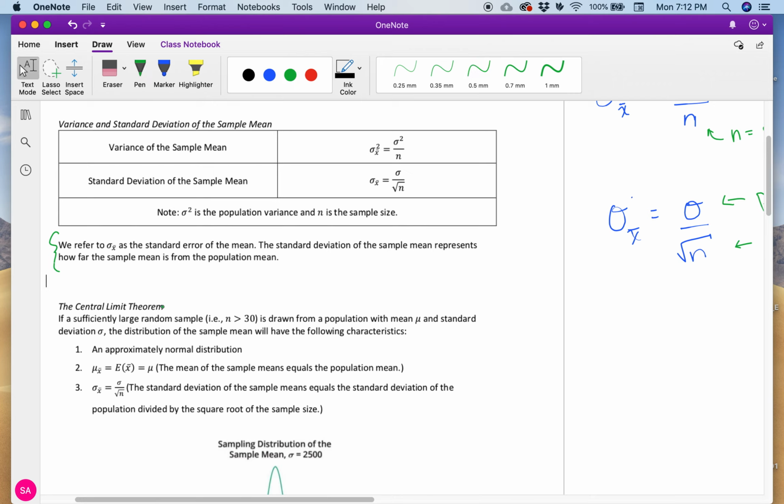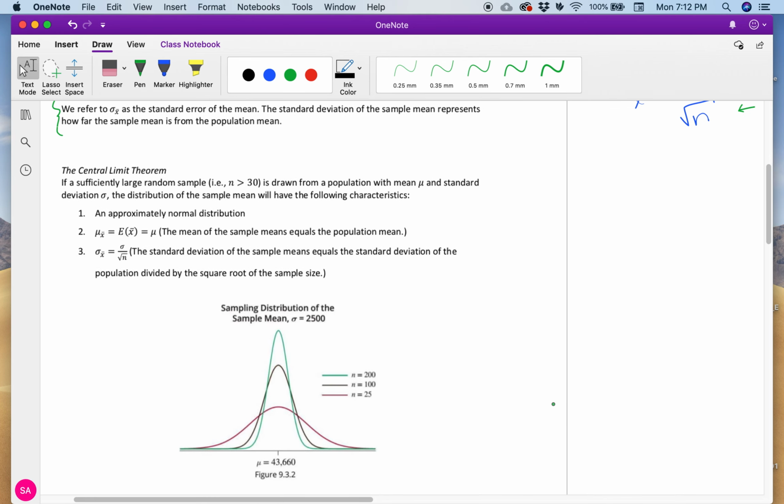Okay, so the main part of what I want to talk about in this section is the central limit theorem. So just to read through it. If a sufficiently large random sample, so for example, n is greater than 30, and usually that's what we want, a sample size of bigger than 30, is drawn from a population with mean mu and standard deviation sigma, the distribution of the sample mean will have the following characteristics.